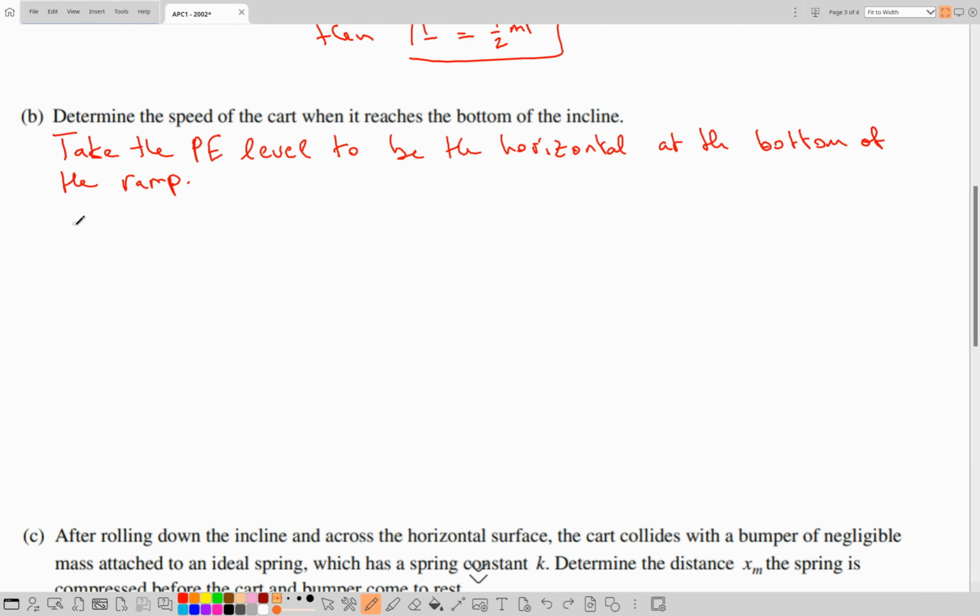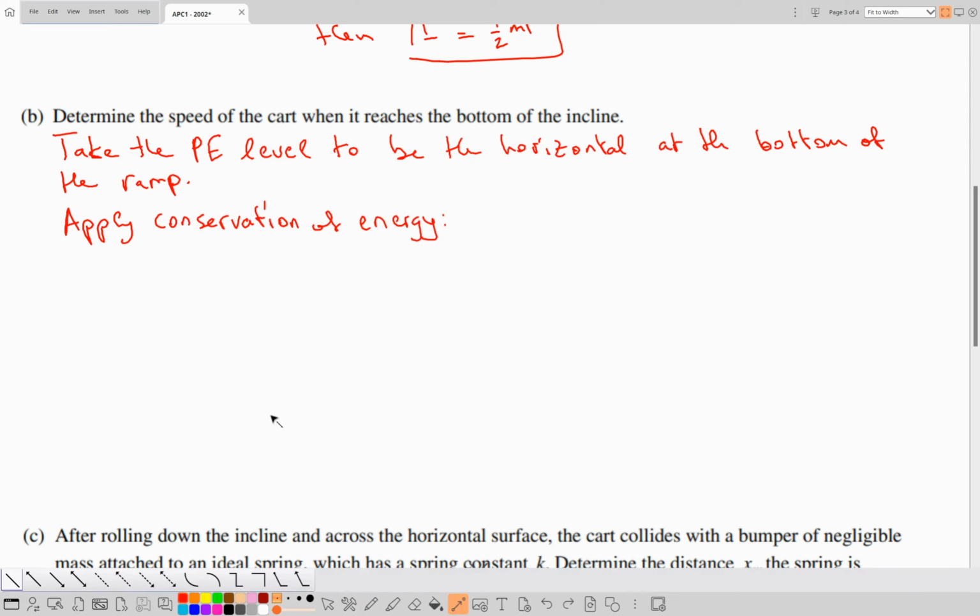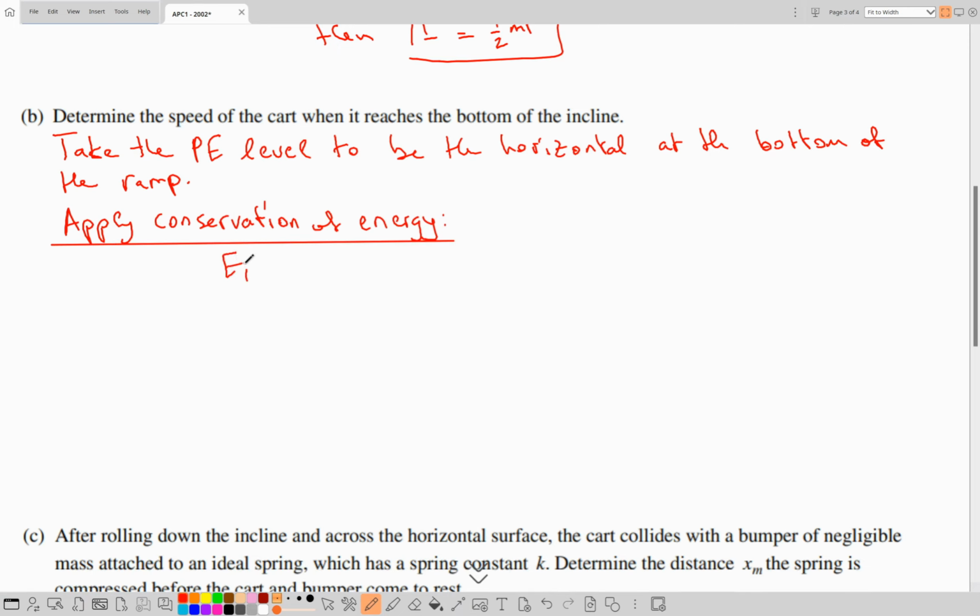And now we can safely apply conservation of energy, which means energy initial equals energy final: kinetic energy initial plus the gravitational potential energy initial is equal to kinetic energy final plus the gravitational potential energy final.